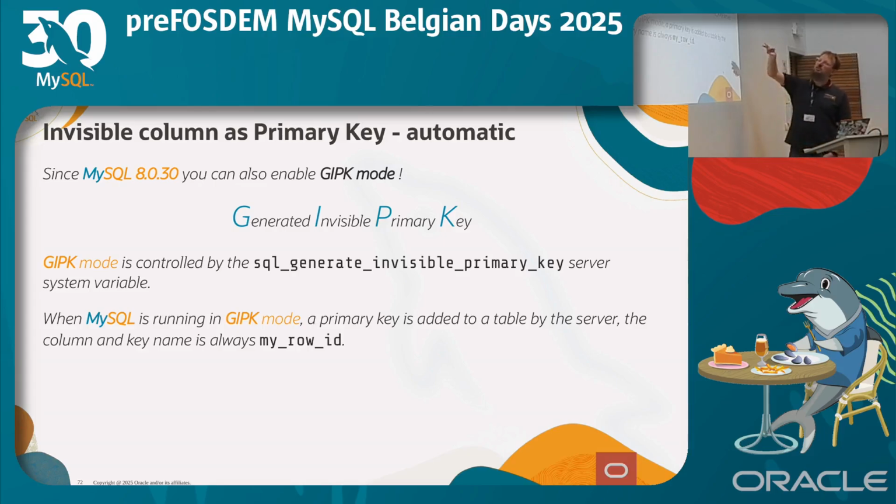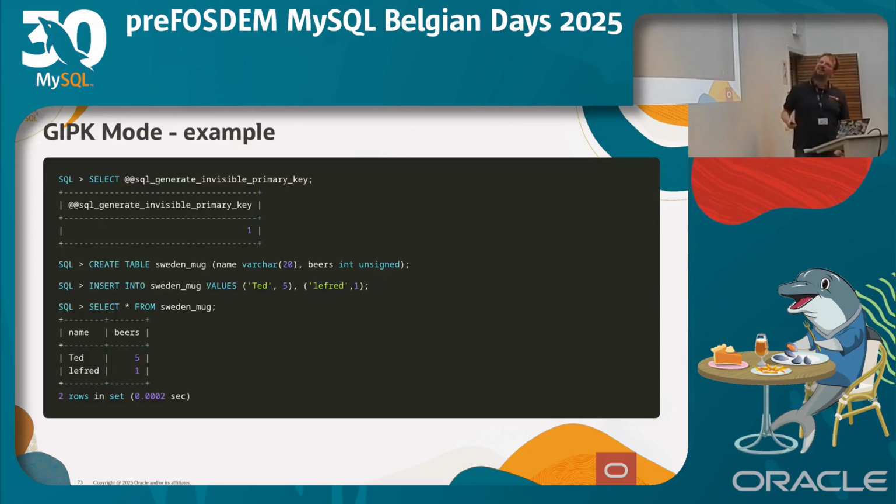So SQL generated invisible primary key, if it's enabled, then MySQL will create a column called myRowID. You cannot change that. You can recompile MySQL if you want to modify it, but there is no setting to say, I don't like myRowID, I want something else. It's hard-coded, so this is how it works.